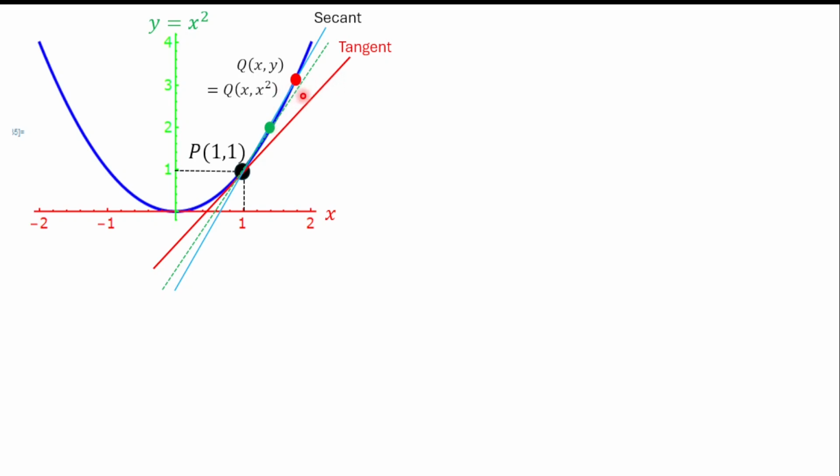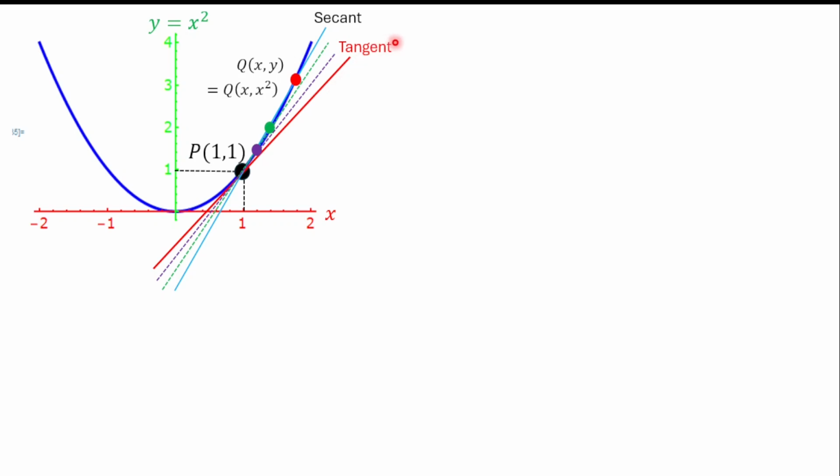This gives us an insight: if we want to find the slope of this red tangent line, we need to choose a point on the curve which is closer and closer to point P. For example, if I consider another point like this, and now I draw a line passing through these 2 points, then this dashed line is obviously more inclined toward the red tangent line. So if we keep on getting the point closer and closer to P, we would be able to reach the slope of the exact tangent line.